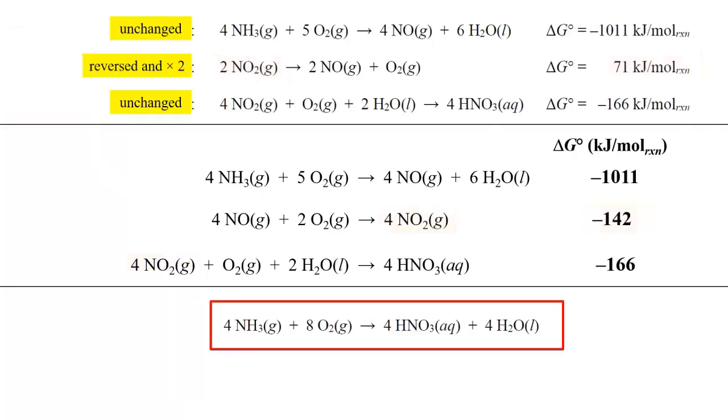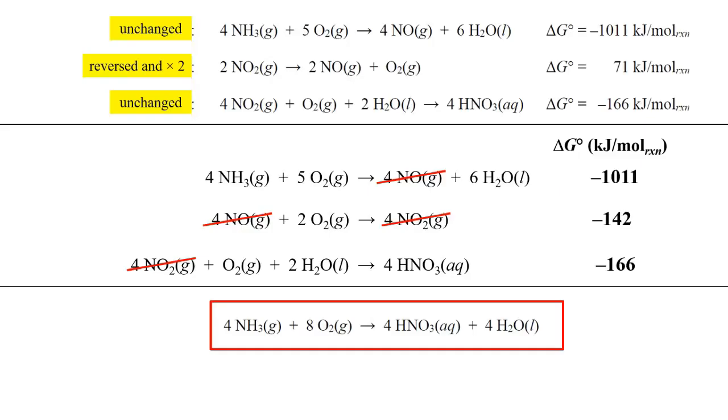by 2. Let me just confirm that after making these changes, actually the one change to reaction number 2, let's make sure that everything that is supposed to cancel out is canceled out. So 4 moles of NO on the left, 4 moles of NO on the right, 4 moles of NO2 on the left, 4 moles of NO2 on the right. Now, what about 8 moles of oxygen? So we haven't talked about oxygen.